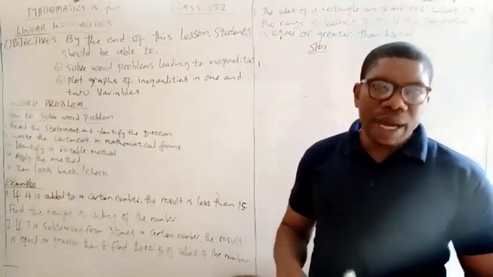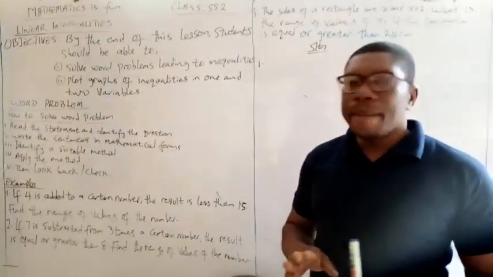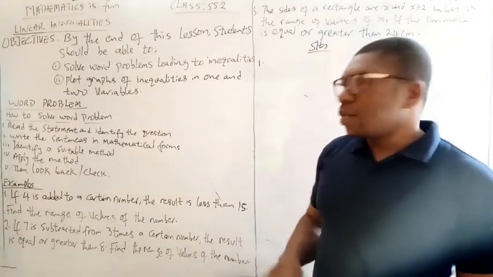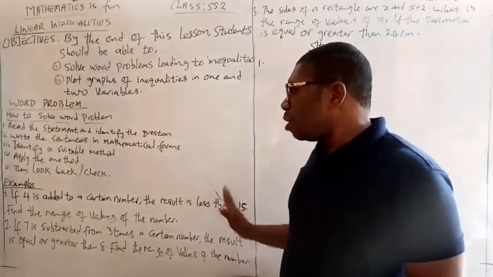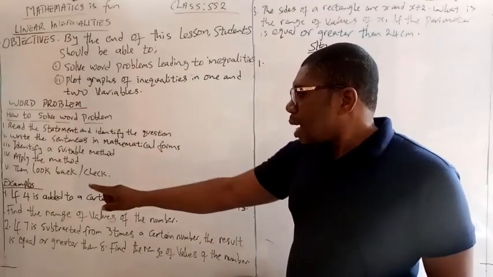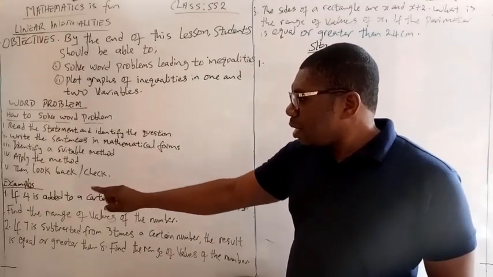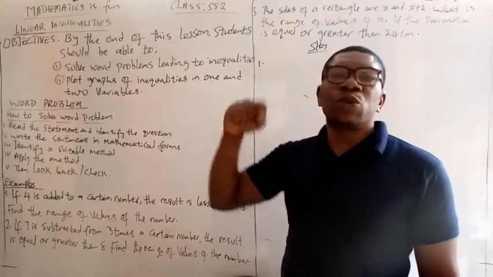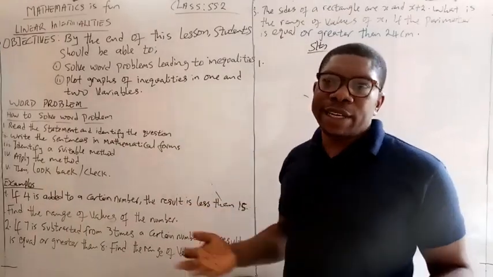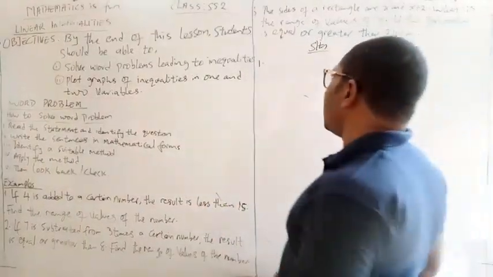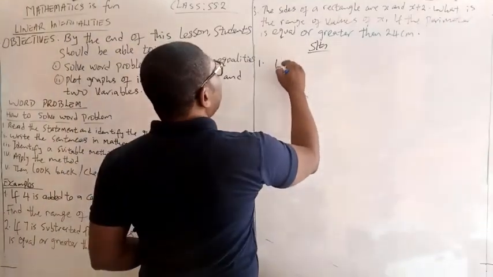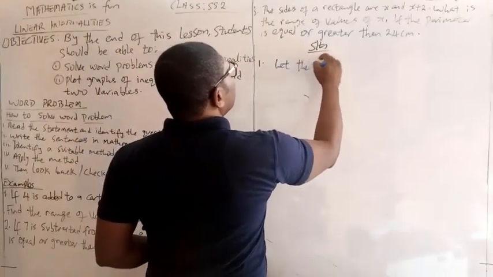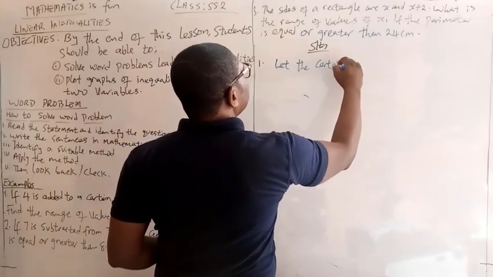Now I am going back to interpret this mathematically. Since the statement says I should find the range of values of the number, and from the beginning, the statement says if 4 is added to a certain number, what is the certain number? We have to represent that with a variable.